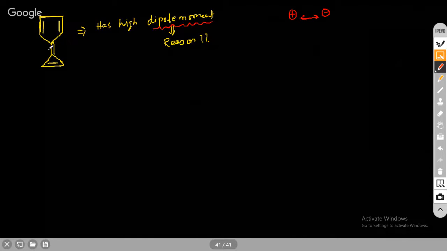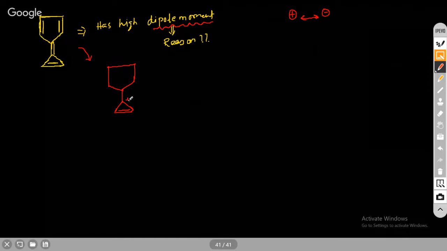If this pi electron comes over here, we have a negative charge here and a positive charge here. Because of this separation, this ring is aromatic and this ring is also aromatic. So the movement of pi electrons takes place like this, and because of that the molecule becomes aromatic, and that is the reason for the dipole moment, the separation of charge.